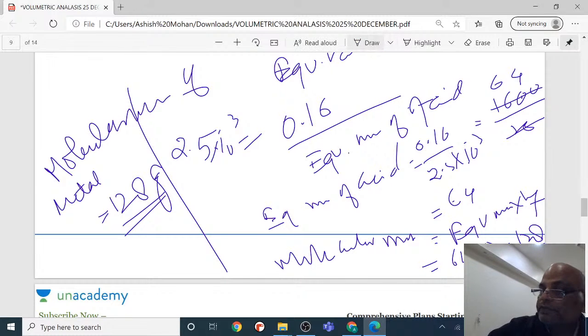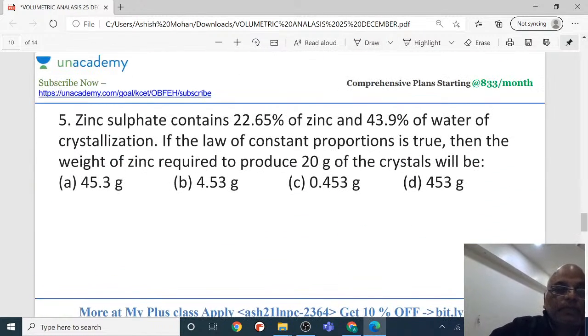Next question. Zinc sulfate contains 22.65% of zinc and 43.9% of water of crystallization. If the law of constant composition is true, then what is the weight of zinc required to produce 20 gram of crystals?